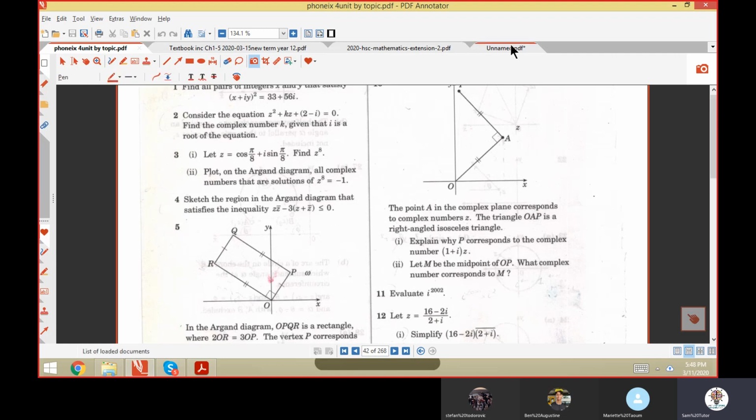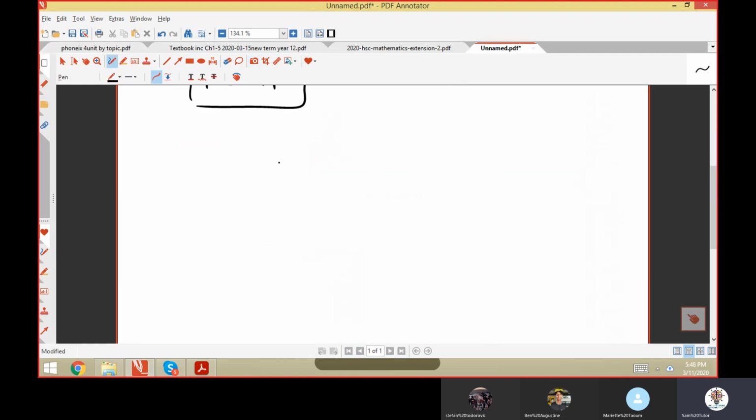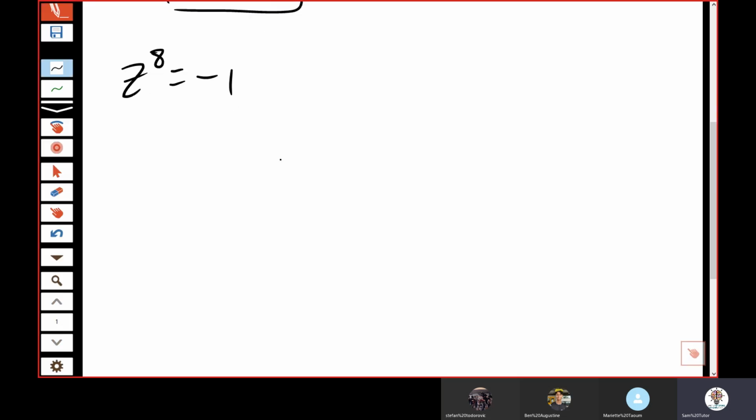So Z^8 equals negative 1. You realize that Z can equal cis pi on 8, right? You know what the modulus is.